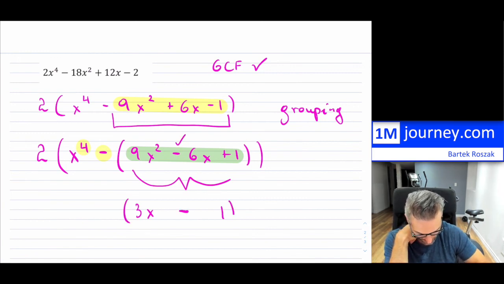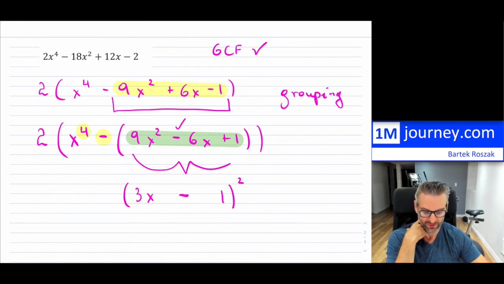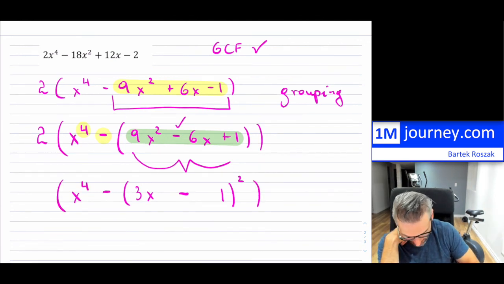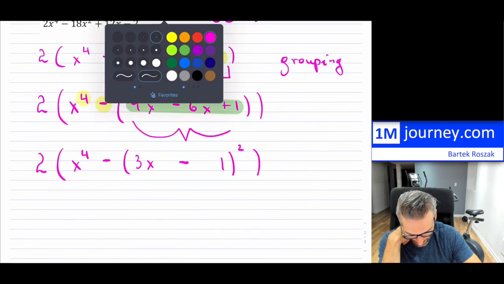So let's take a look and see, is this fully a perfect square? It is actually, right? Because you're going to have 3x times the 1, which is 3x, and you're going to have 2 of them, which is going to give you this negative 6x, because of the negative. So that's great. So what I have now is something like this. And this is definitely helpful because I can factor this out.